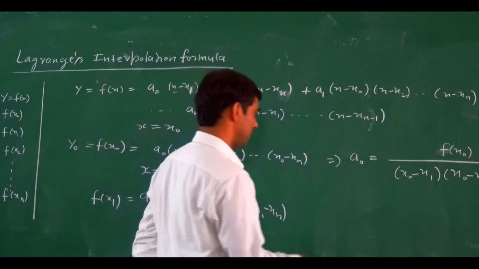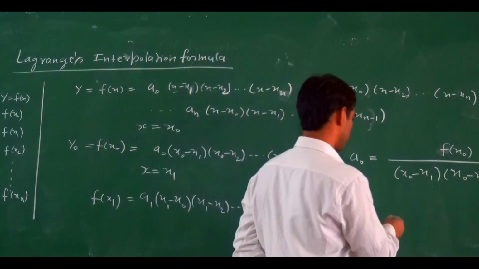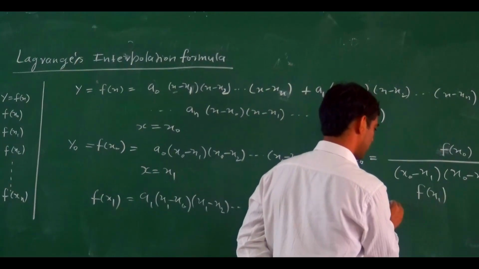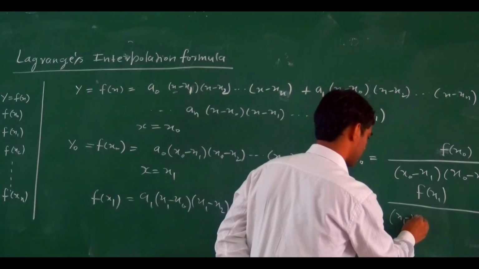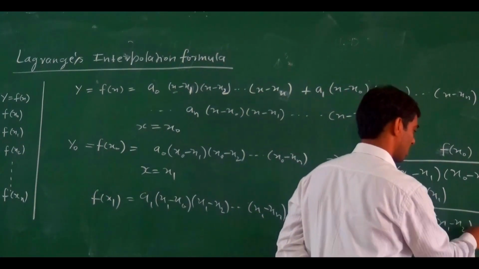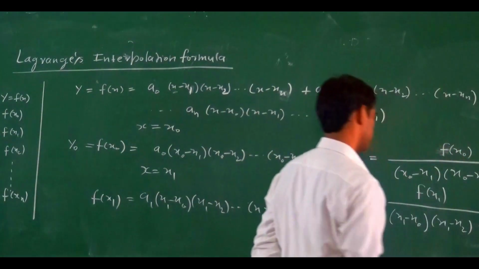So the value of a1 becomes f of x1 divided by x1 minus x0, x1 minus x2 up to x1 minus xn.